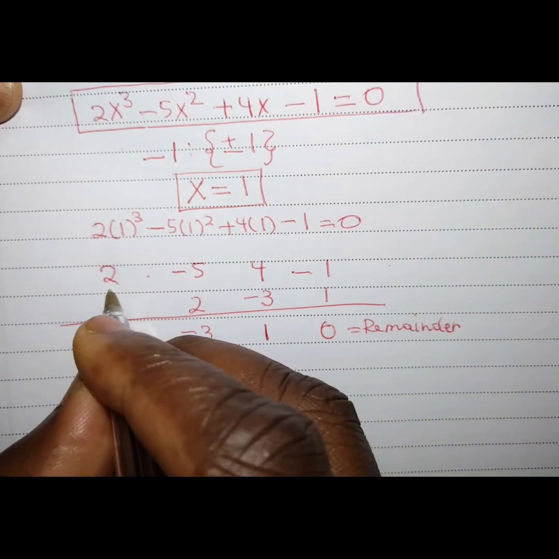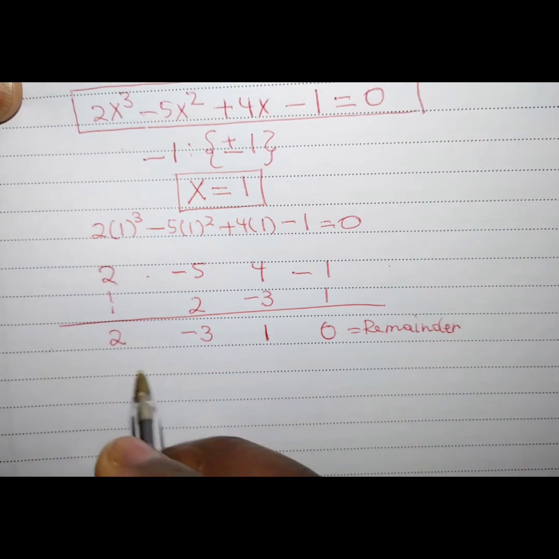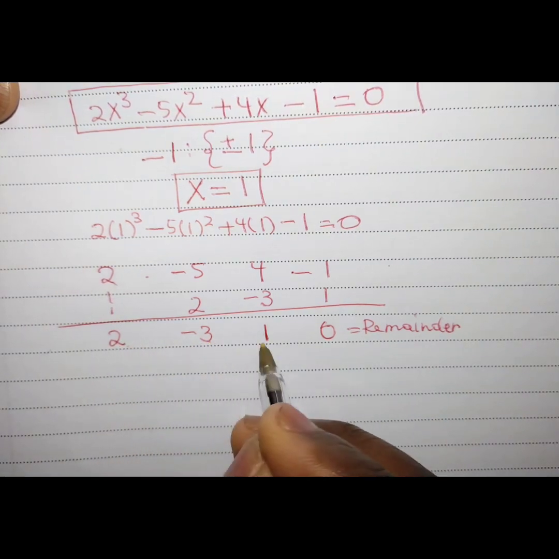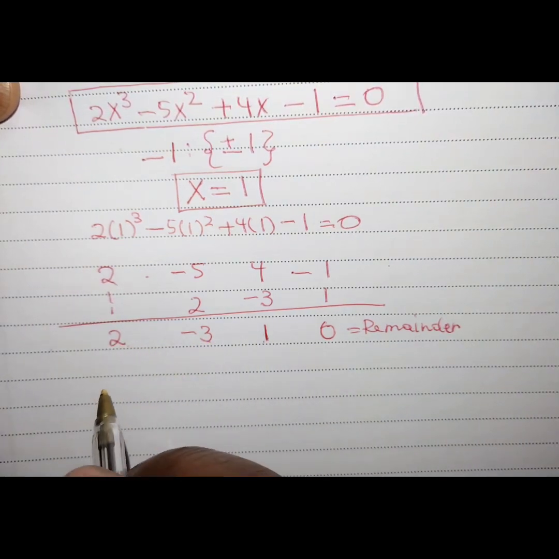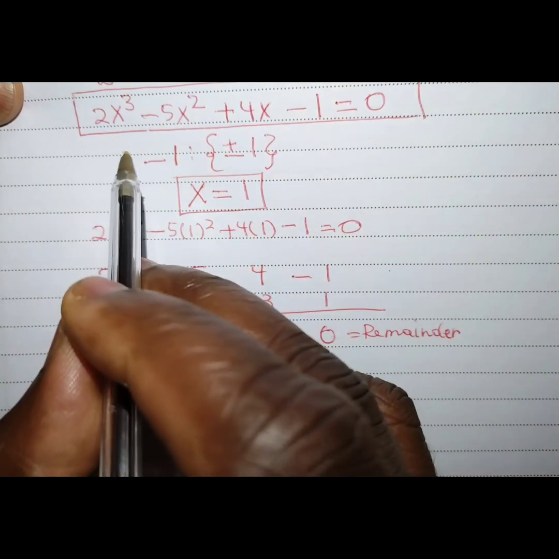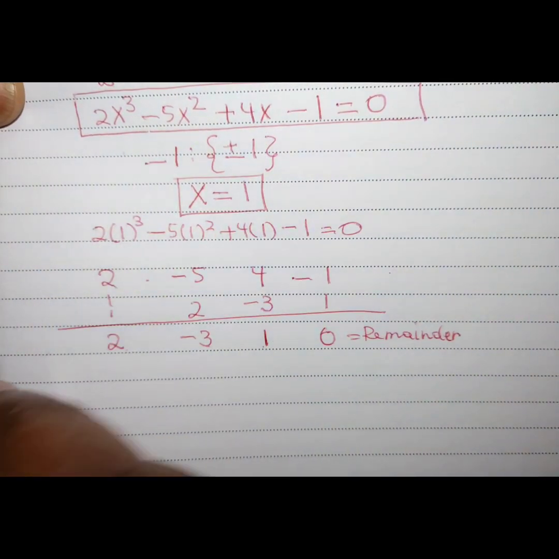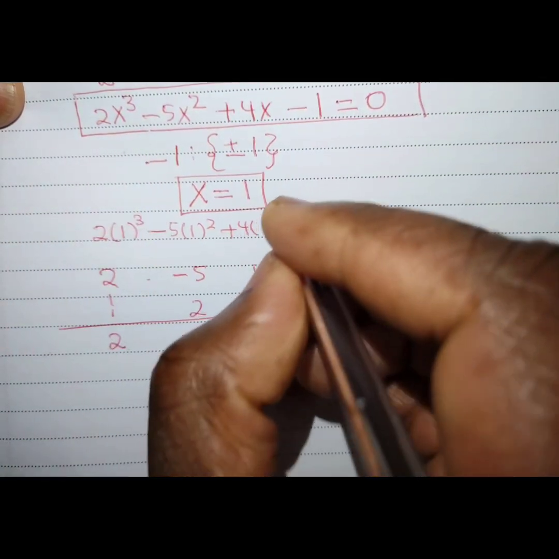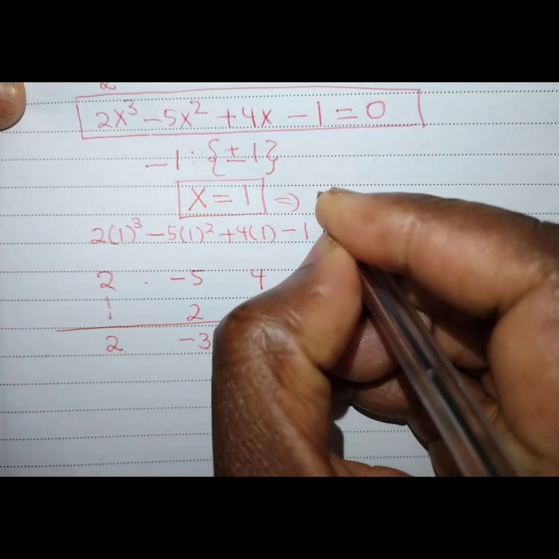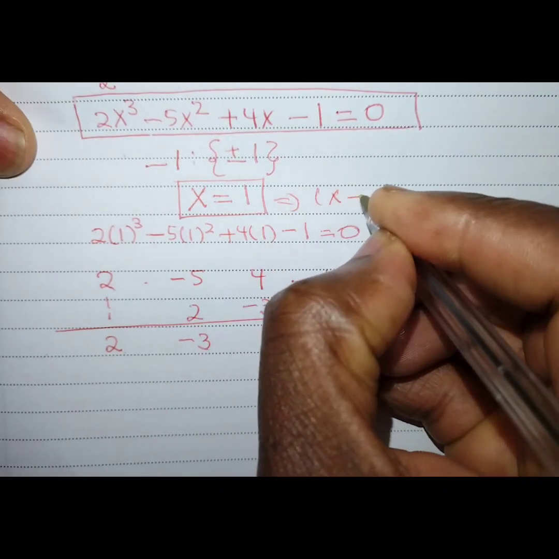Now we bring down 2. Now 2 minus 3, 1. These will be the coefficients of the equation that we obtained when we divide the cubic equation by the binomial x minus 1.